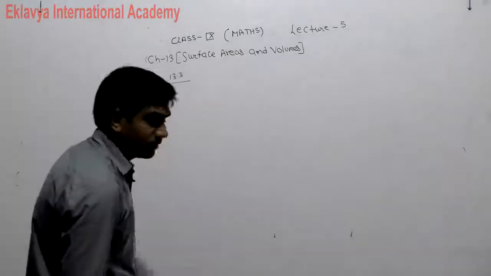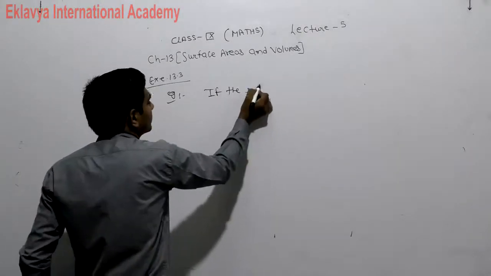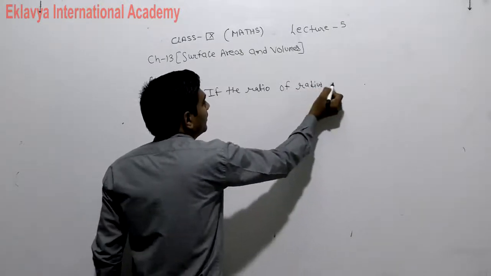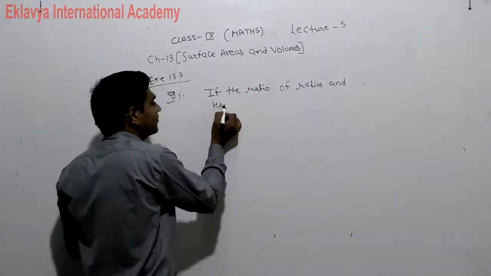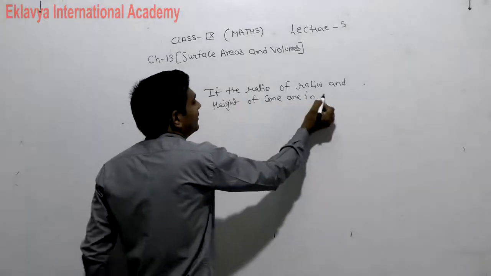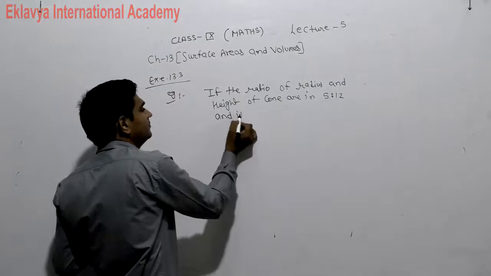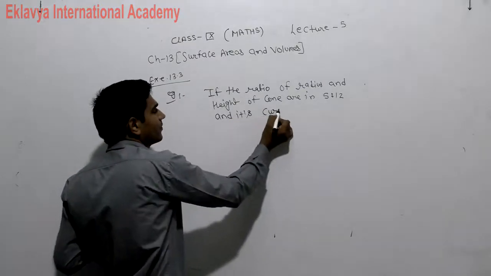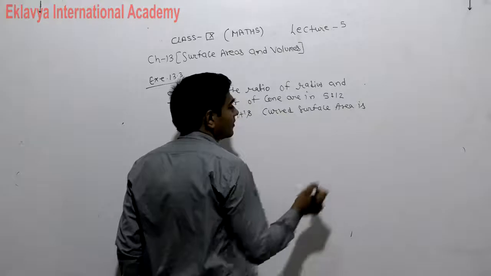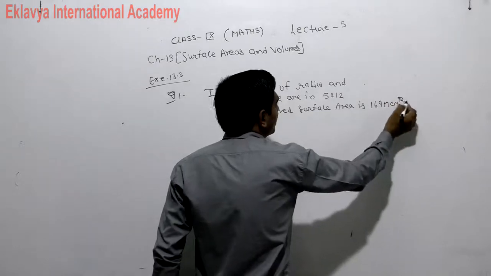Now the next type of question. Suppose it is given to you that the ratio of the radius and height of a cone is 5:12 and its curved surface area is 169 pi centimeter square.